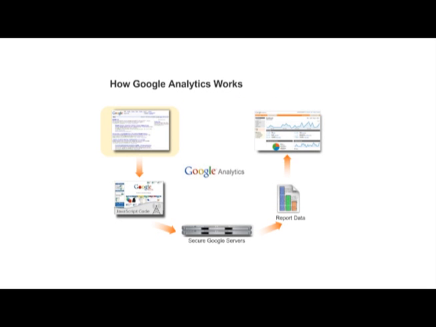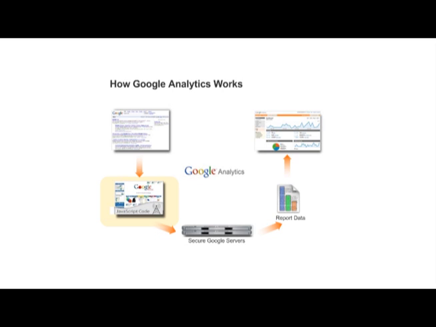Here's how Google Analytics works. When a visitor accesses a page on your site, a request is made to the web server to display the page. The page is served, and the Google Analytics tracking code JavaScript is executed. The Google Analytics tracking code, which is a snippet of code that you place on each page of your site, calls the track page view method.